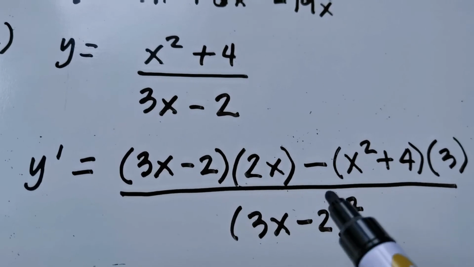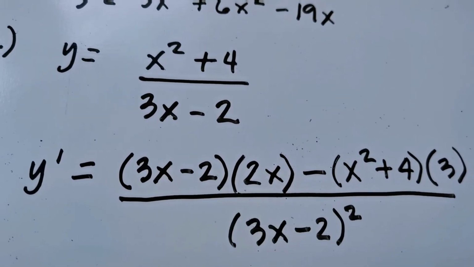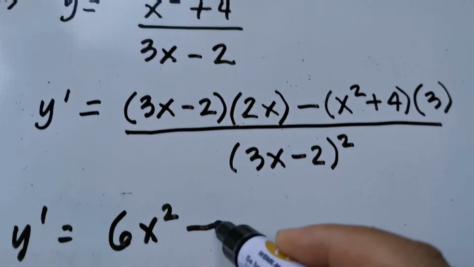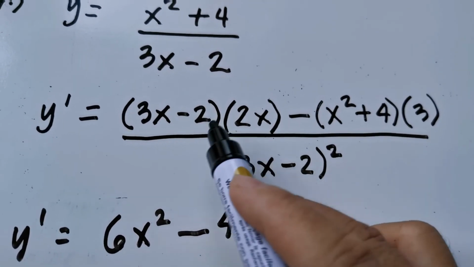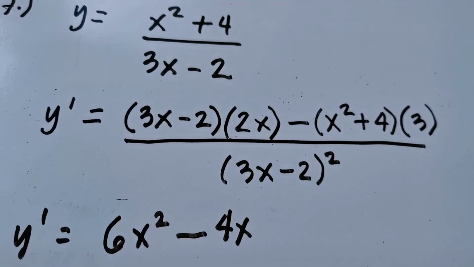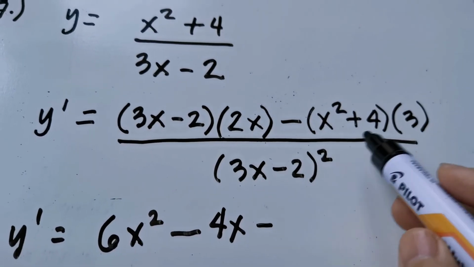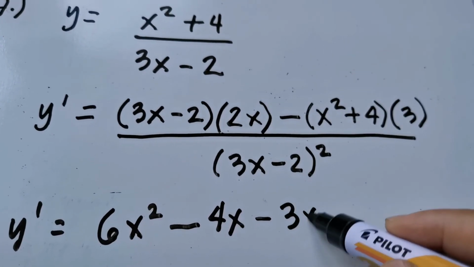Then multiply, we have 6x squared minus 4x. Then we have minus 3x squared.